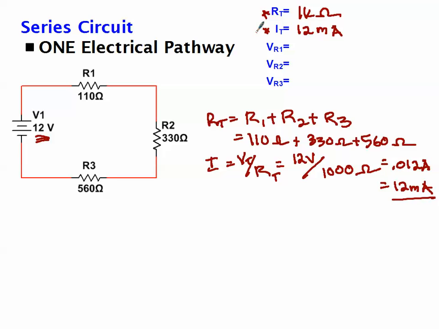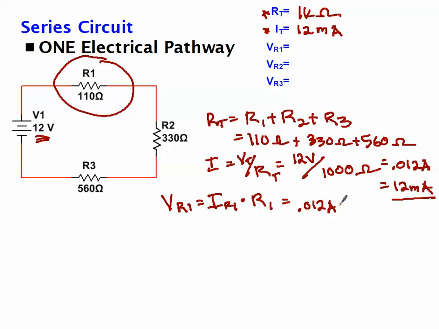If you can get the total current, which we have, and you'll remember that current in a series circuit is the same everywhere, then you can use Ohm's law, isolate each resistor, and you know that VR1 equals IR1, that is the current going through the resistor, times R1, which equals 12 milliamps, or 0.012 amps, times 110 ohms.